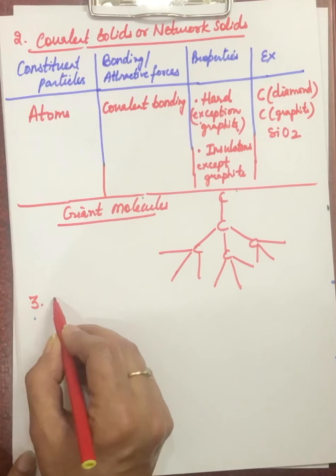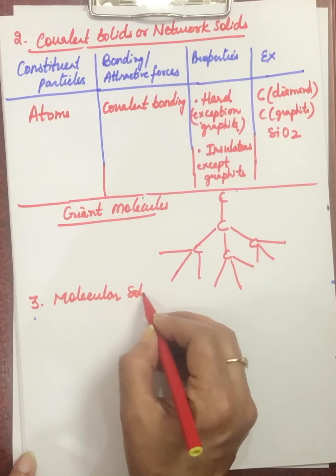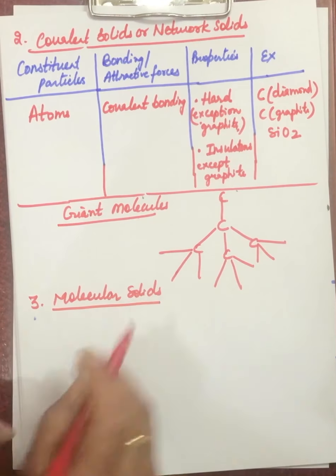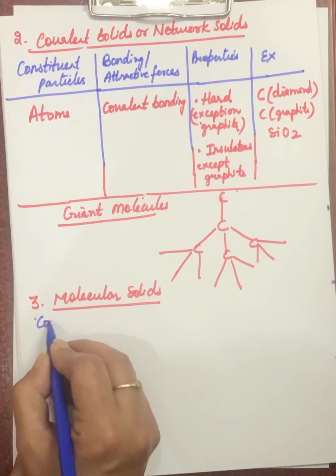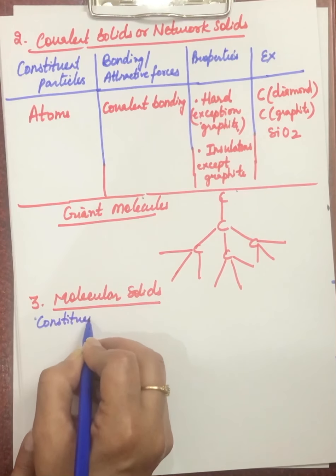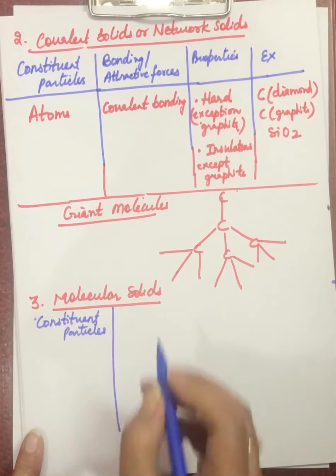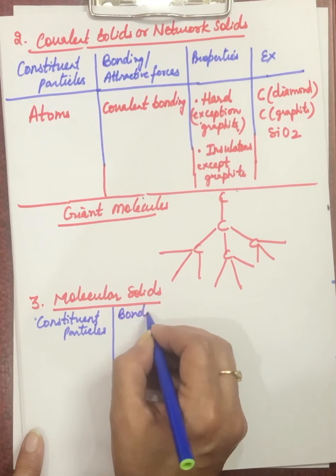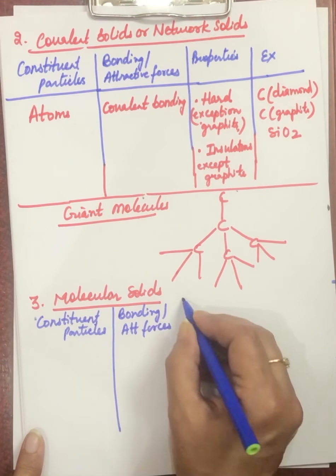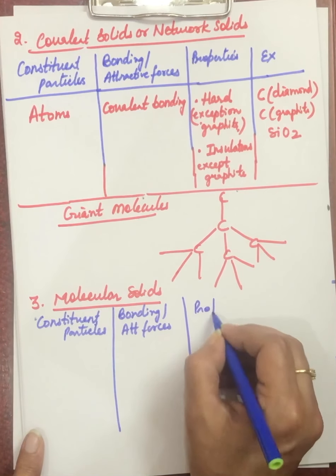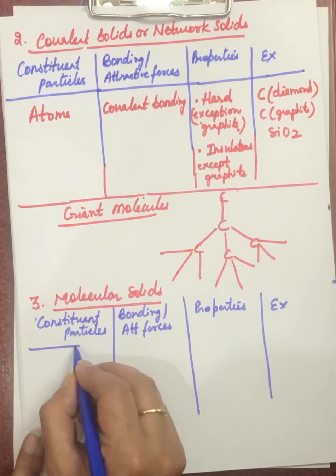The third type of solids are molecular solids. And like we have done before, these actually further are of 3 types. Constituent particles, bonding or attractive forces, then we have properties and examples of these solids.